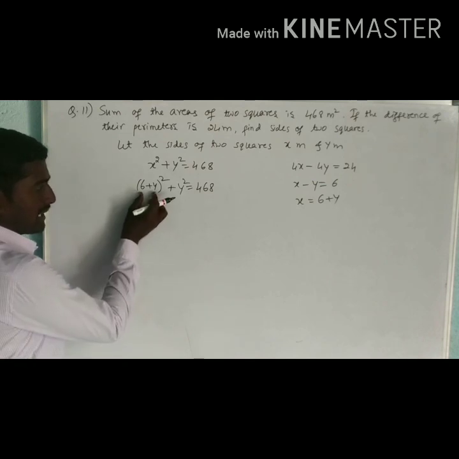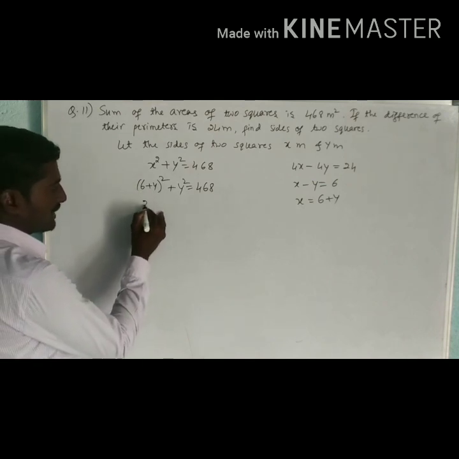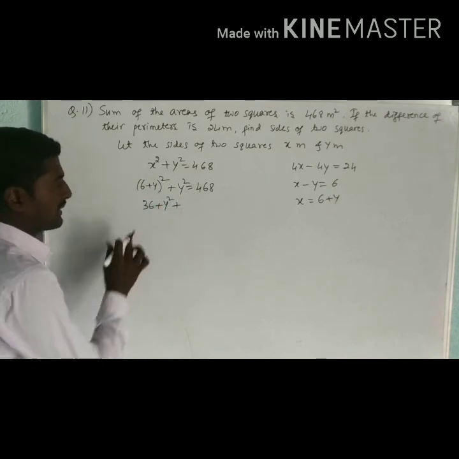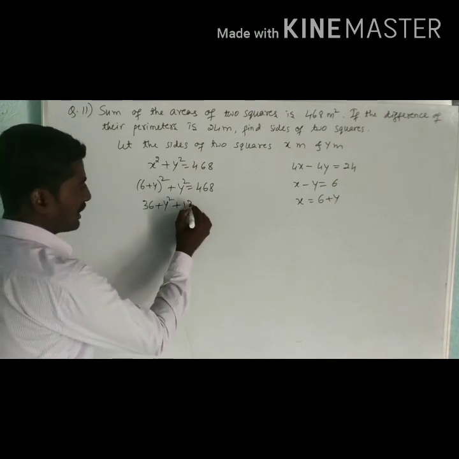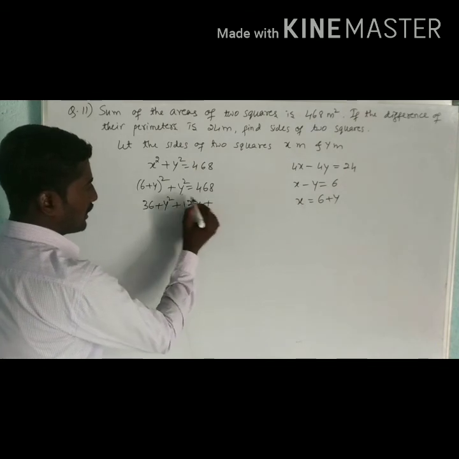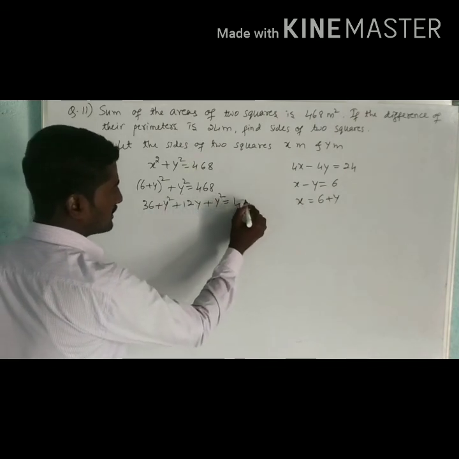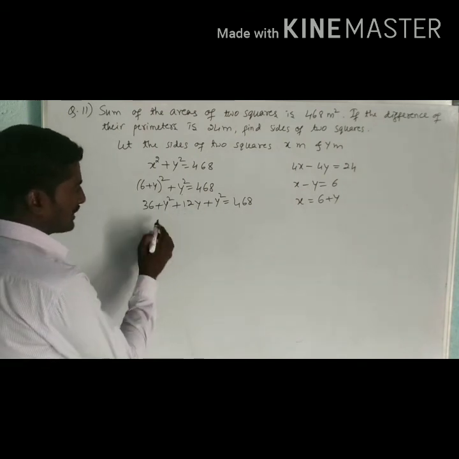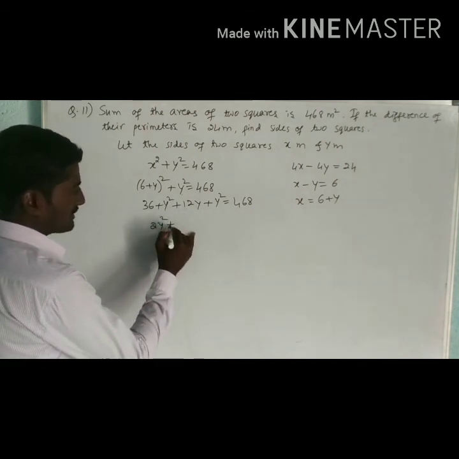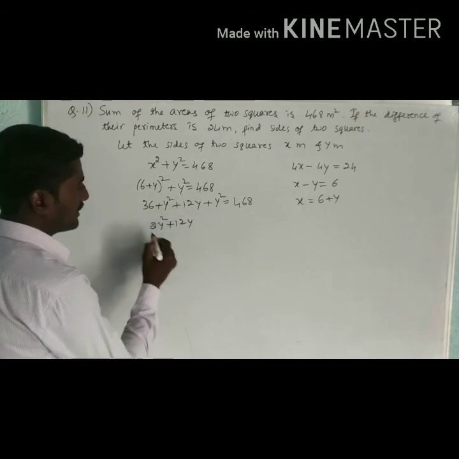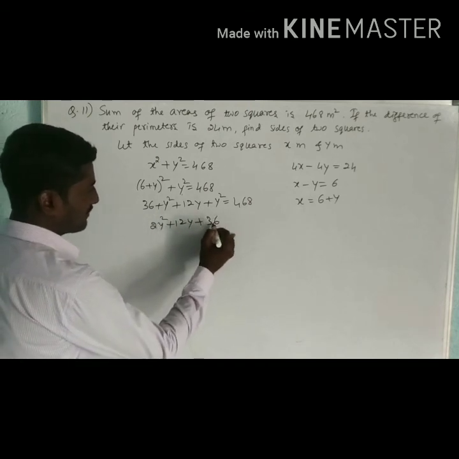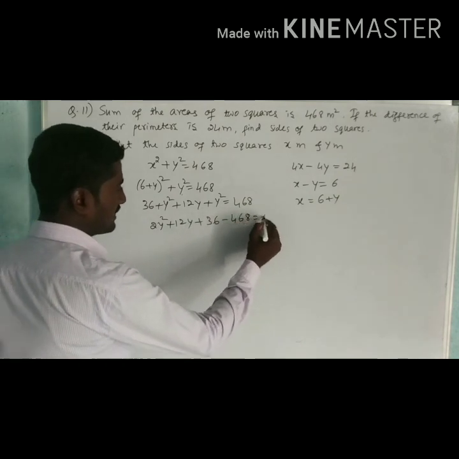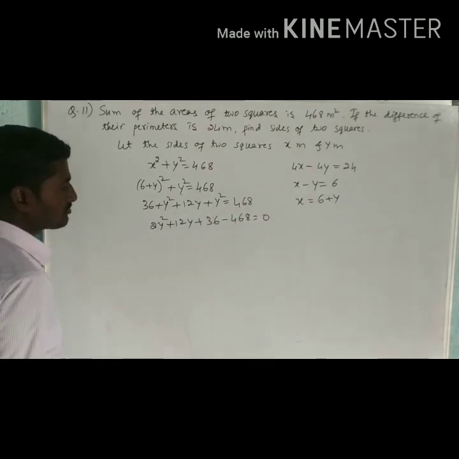Now this is of the form (a plus b) whole square. 6 square, that is 36, plus y square plus 2ab, 2 into 6, that is 12y, plus y square is equal to 468. Now here y square plus y square, 2y square plus 12y plus 36. I will take this to the left, minus 468 is equal to 0.